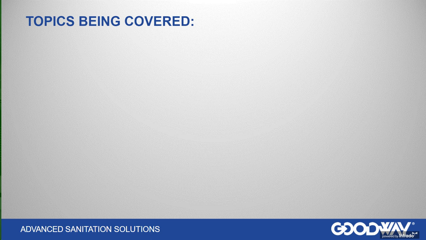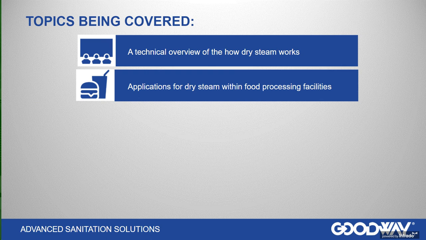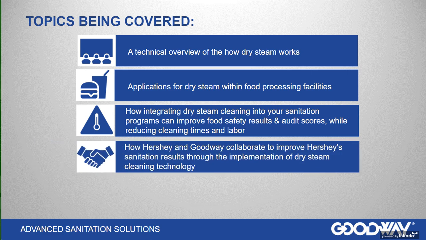Today we're going to cover the following topics. We'll start off with just a technical overview of how dry steam actually works. What is dry steam? It doesn't really make sense. We'll start there, and then we'll discuss applications for using dry steam within food production facilities. I'll discuss how integrating dry steam cleaning into your sanitation programs can improve quality and food safety results and audit scores, while actually reducing cleaning times and labor involved in sanitation.